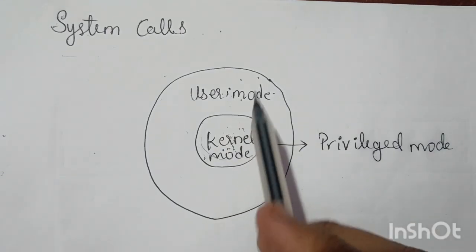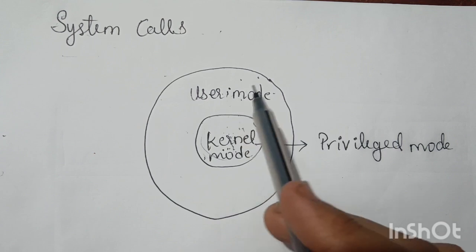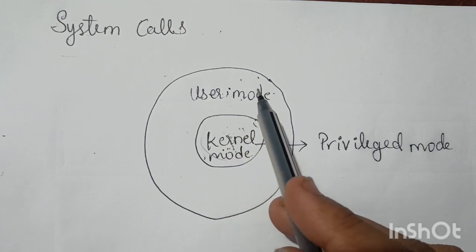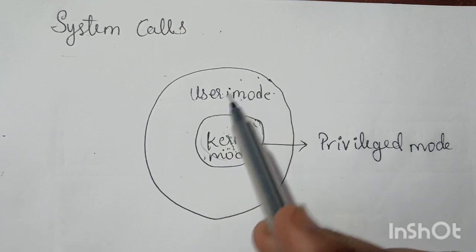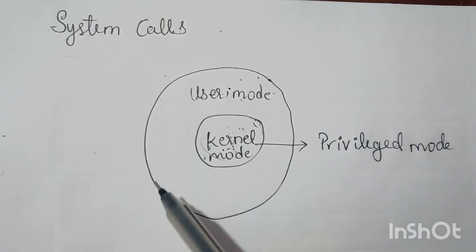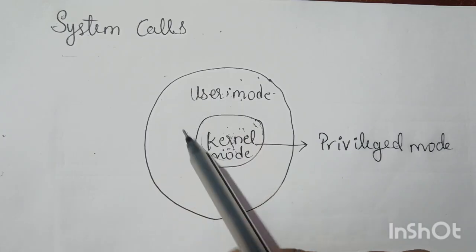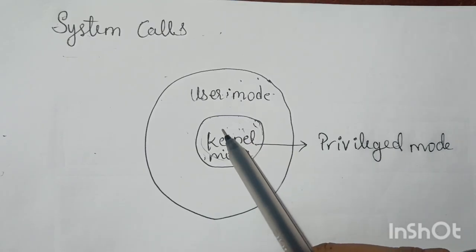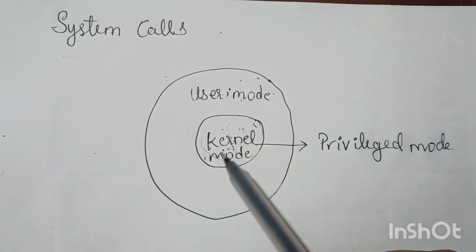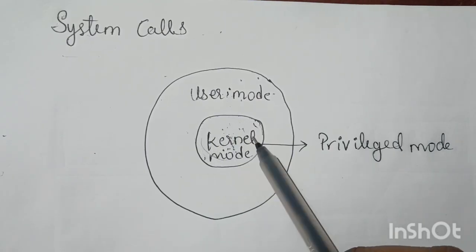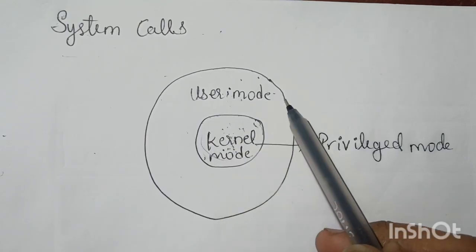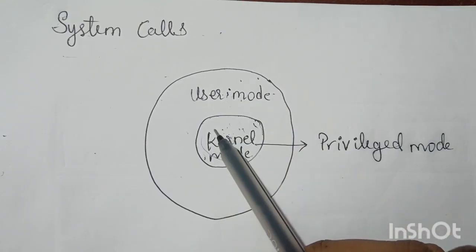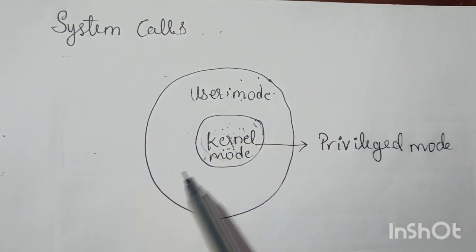Whenever user applications are run, they are all run in user mode. Only when any service needs to be executed from user mode, it contacts the OS, and the OS in turn contacts your hardware or memory and executes the service. That is the user service.